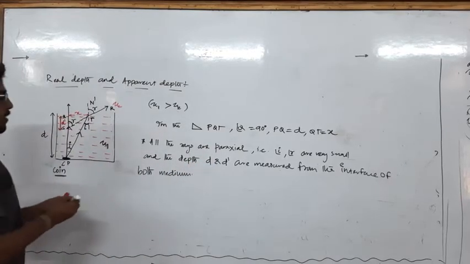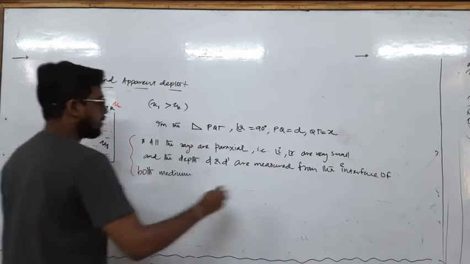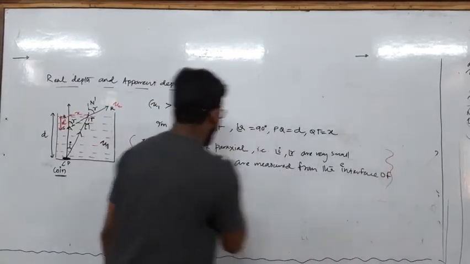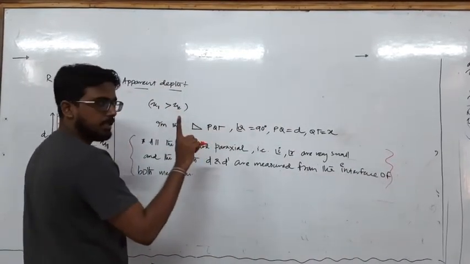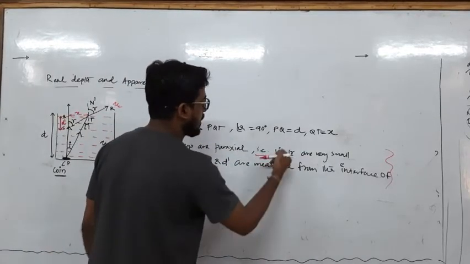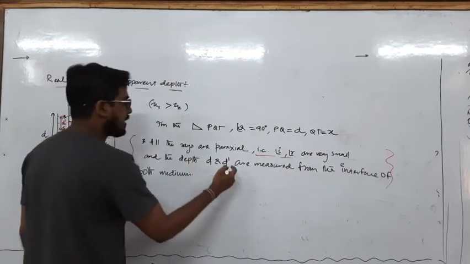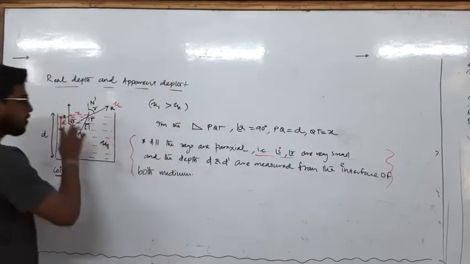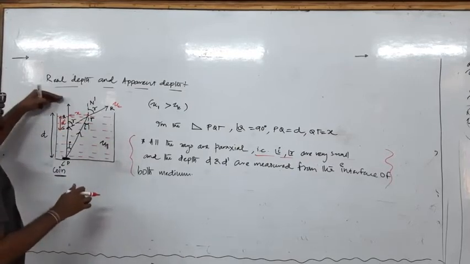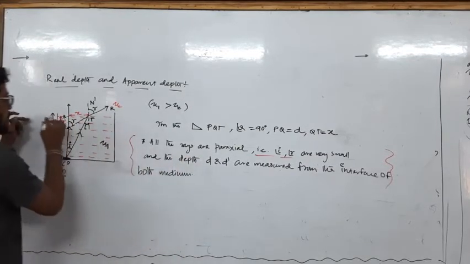Clear? So this is the condition you have to remember, that all the rays are paraxial, that means they are very close to each other, so the angle of incidence and refracted angle at each and every point are very small, and the depths D and D dash are measured from the interface of both the mediums. This is medium 2, this is medium 1, so the depths are measured from the interface.